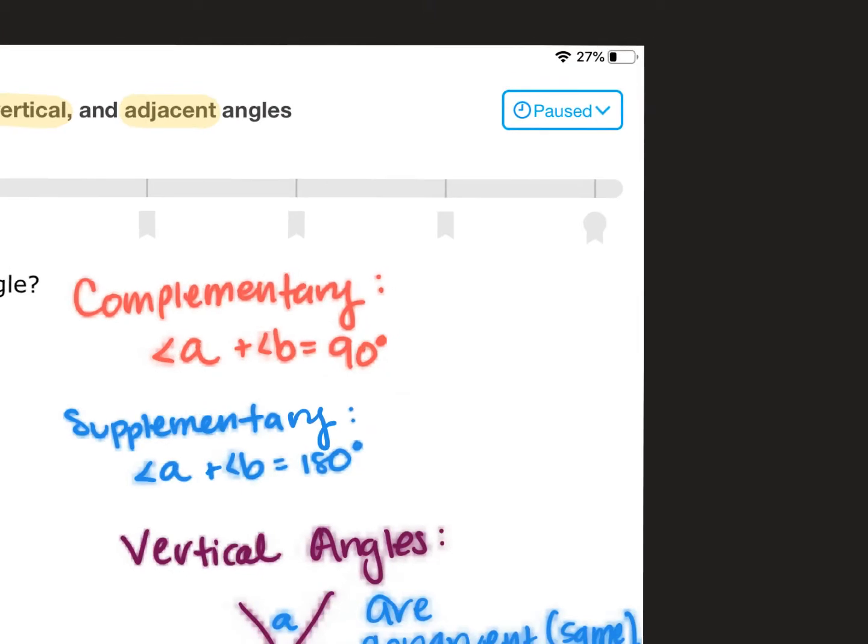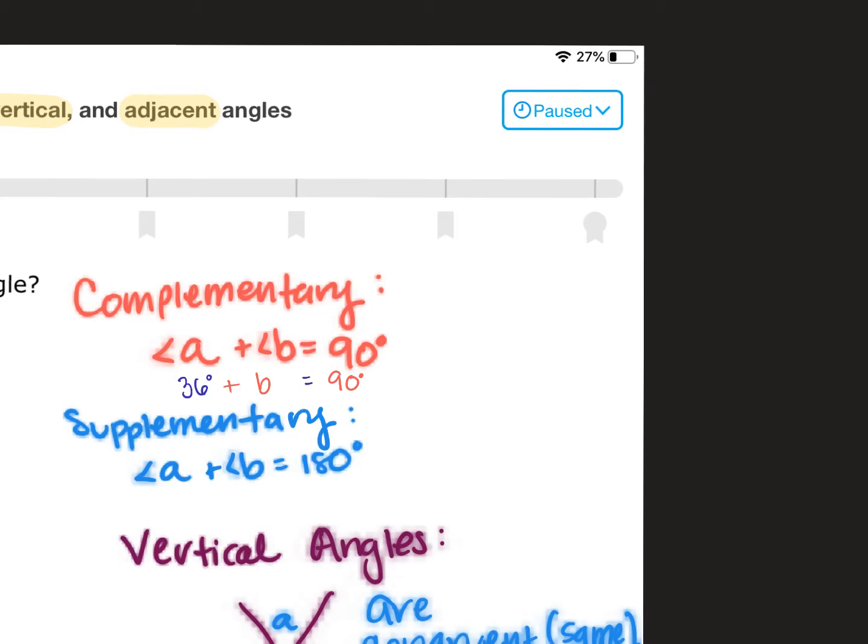So let's do an example of complementary. If I give you an angle and I say it's 36 degrees, right? And I need to add it with another angle, we're going to call it B. What is the measure of angle B if one angle is 36, right? But they have to add up to 90. Okay, so 36 plus what is 90?